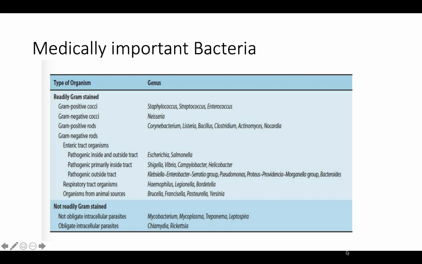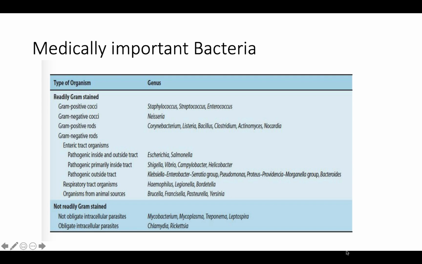If you take any gram-stain reaction and each shape, you will come up with a few organisms. The gram-positive cocci, the main ones are staphylococci and streptococci, and with them comes the enterococcus. When we talk about gram-negative cocci, we will talk about Neisseria.